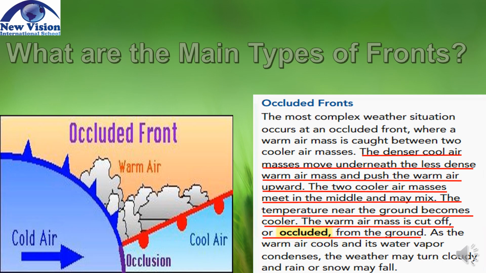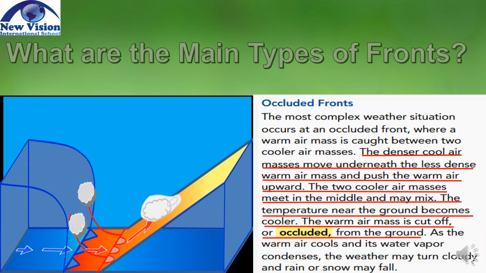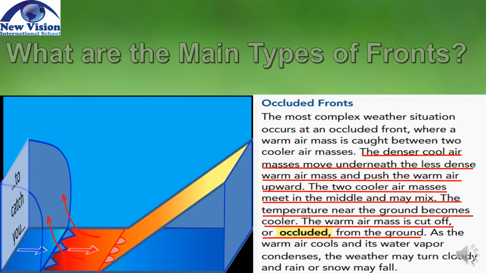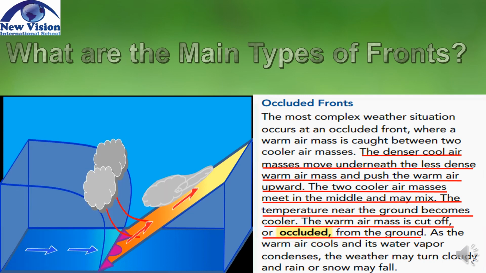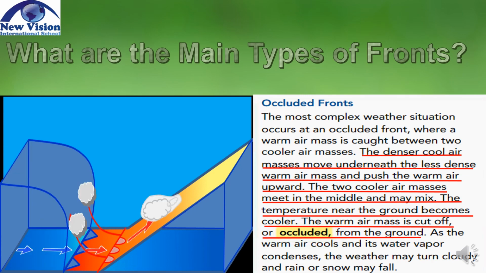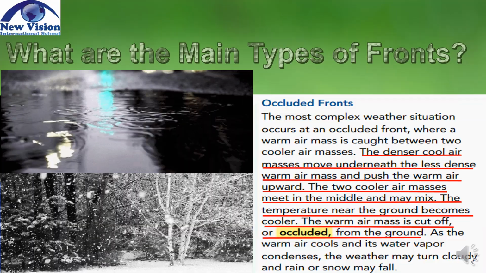The two cooler air masses meet in the middle and may mix. The temperature near the ground becomes cooler. The warm air mass is cut off, or occluded, from the ground. As the warm air cools and its water vapor condenses, the weather may turn cloudy and rain or snow may fall.